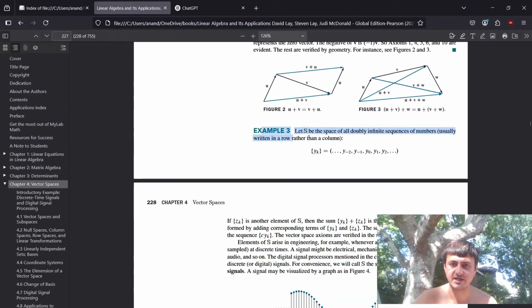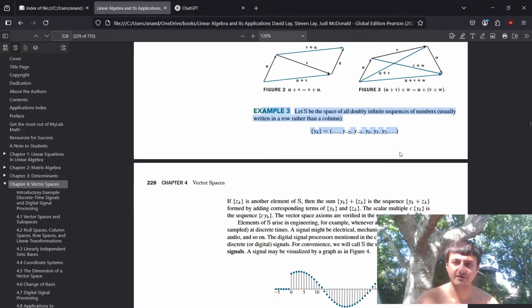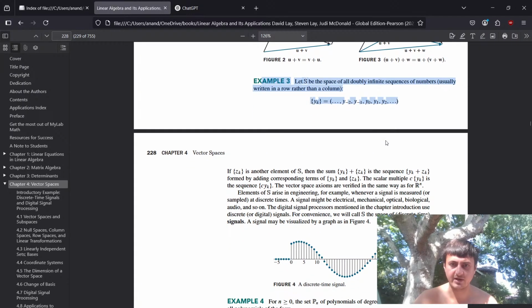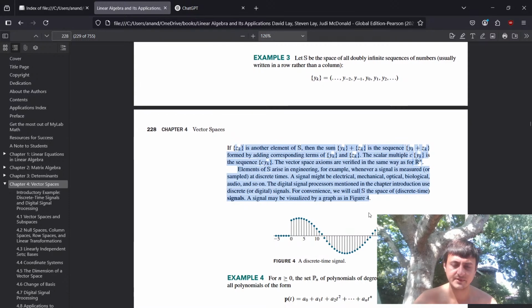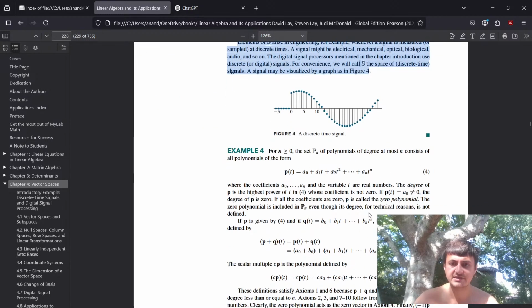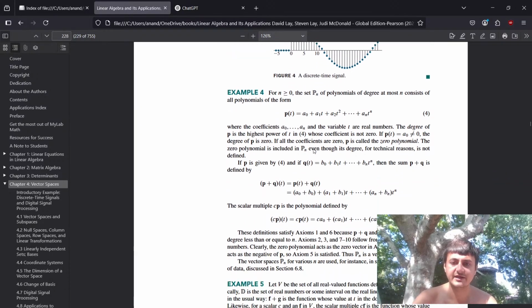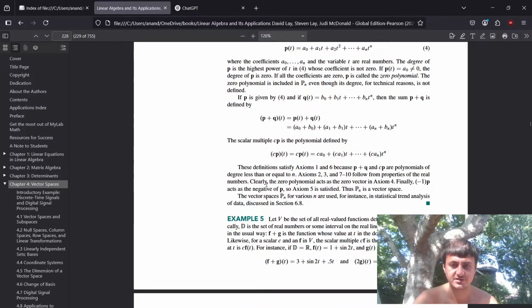This one's nice because it introduces you to something a little more abstract, which is the set of signals, as they call it. It's basically infinite sequences, and you can show that an infinite list is a vector space. Then the other one is polynomials of at most some degree, and you can show that that's a vector space.